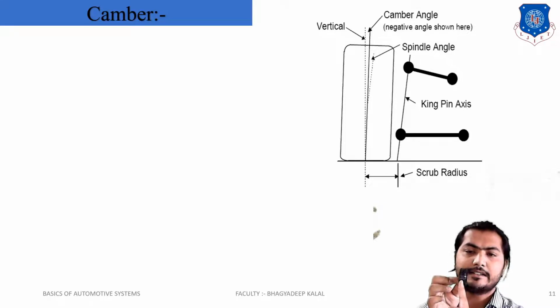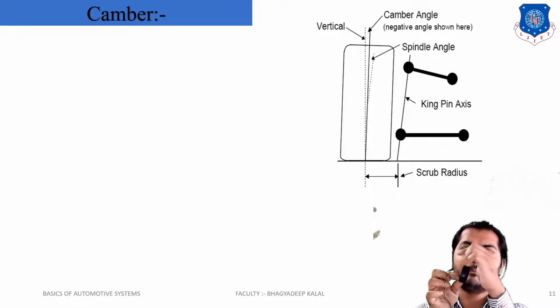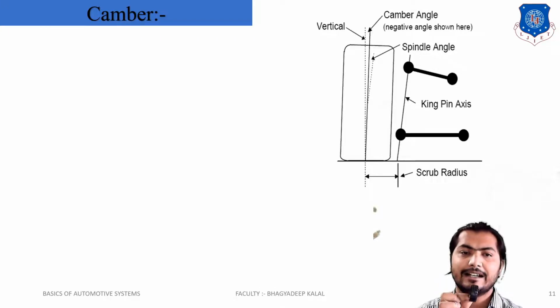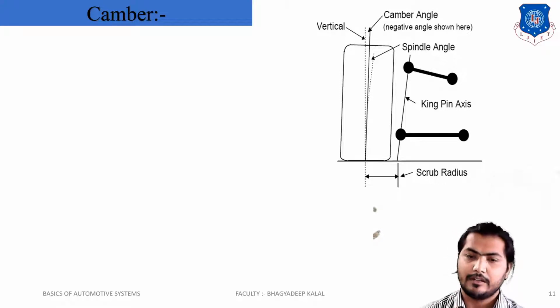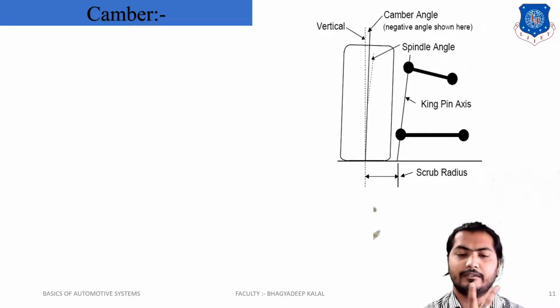The angle made by this central line of the wheel from the vertical is known as the camber angle, and we can show it from the front.